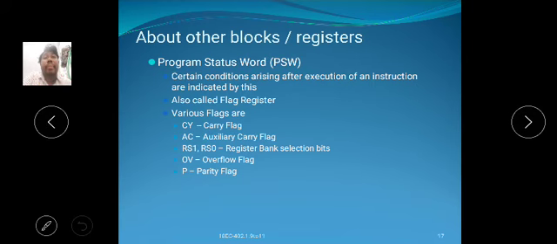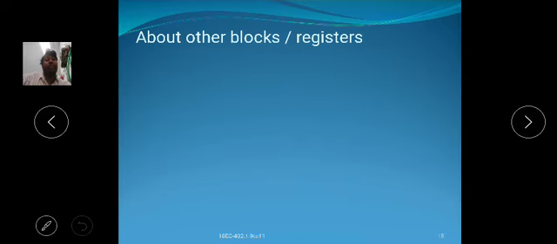The various flags available in the program status word are the carry flag, auxiliary carry flag, the register bank selection bits RS1 and RS0, the overflow flag and the parity flag.